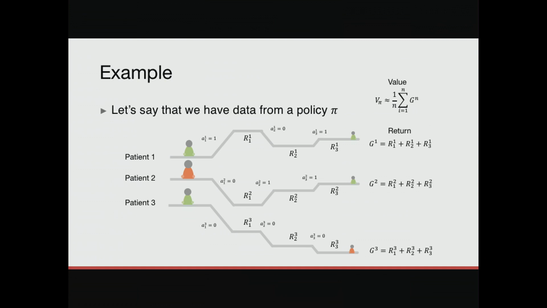Here we take a 0 action, we go down. That's what that means here. The specifics of this is not so important, but what I want you to pay attention to is that after each action, we get a reward. And at the end, we can sum those up, and that's our return. So each patient has one value for their own trajectory, and the value of the policy is then the average value of such trajectories.